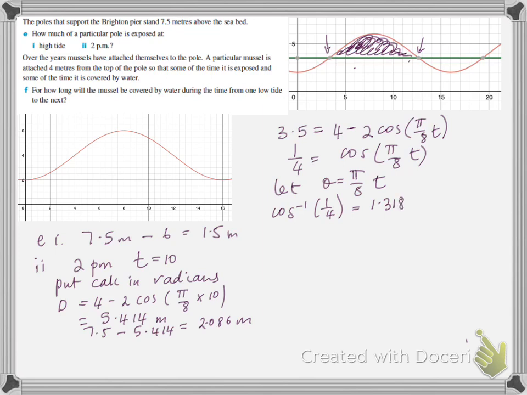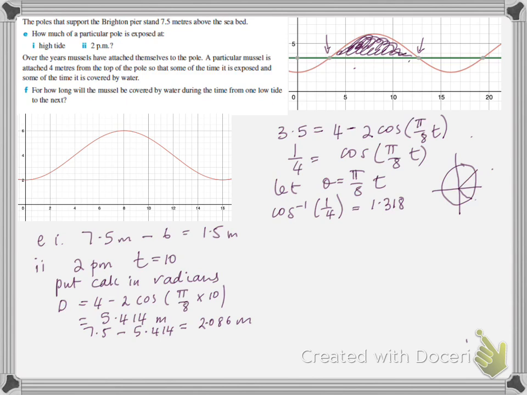So if it's a positive value, and we're talking about cos, we need to think of the next time that you would have that positive value. So think about my unit circle. If I've got 1.318 radians here, and I've got a value of cos, I'm also going to have the same value of cos down here.